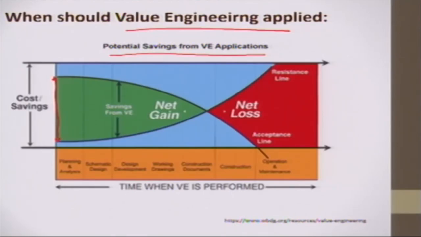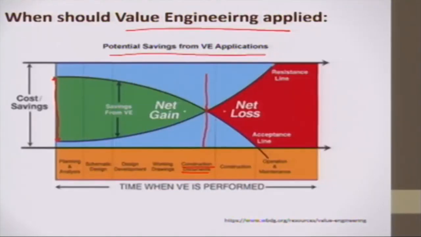So, this illustration is for the construction site. If value engineering is applied when the construction is going to start, even though the construction hasn't started, then what would happen? Sometimes value engineering brings a total transformation of the plans. Replanning, redesigning, redocumentation, all those things have to be carried out.